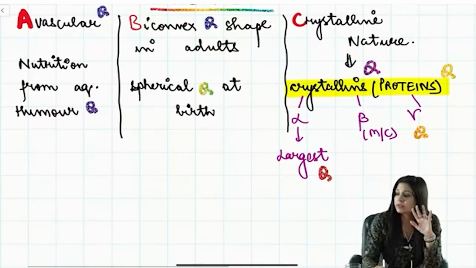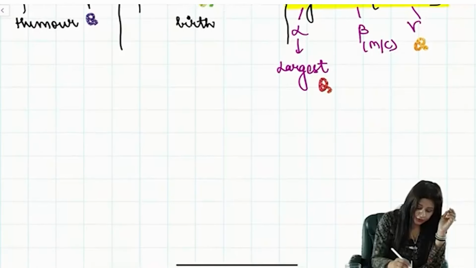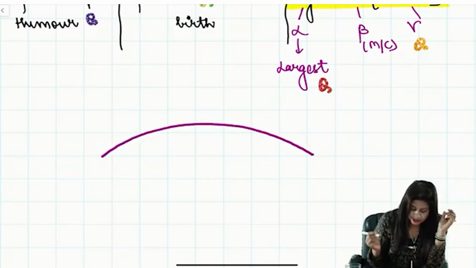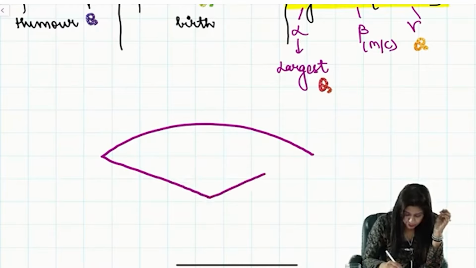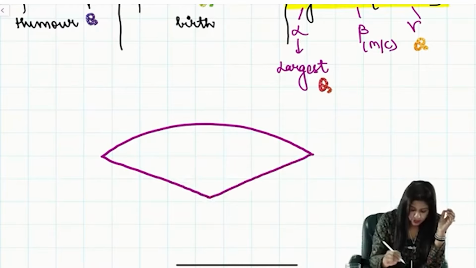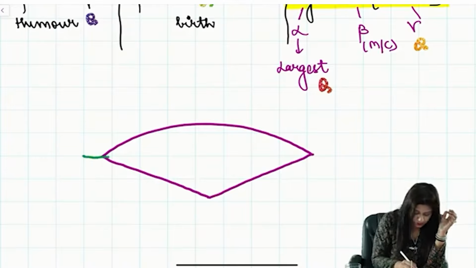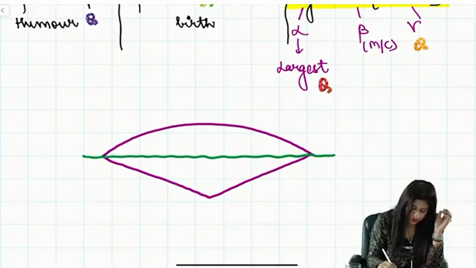Written? Yes. Now we will draw the shape of the lens. This is the biconvex lens, anterior and this is posterior. And this will be the equator here.